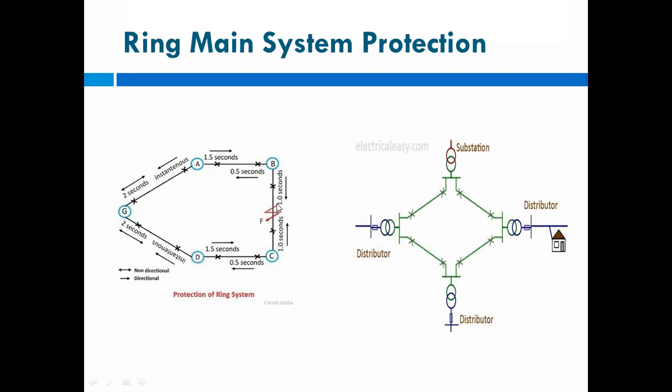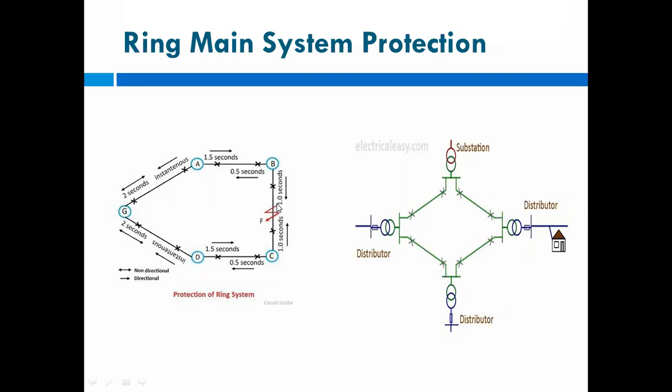So in the first system, radial system, there is only a single generating station, and power flows only in one direction. Then in the second, there is again one generating station, and two parallel feeders are there at a single station. So if the fault occurs at one feeder, the other feeder is used for the supply.